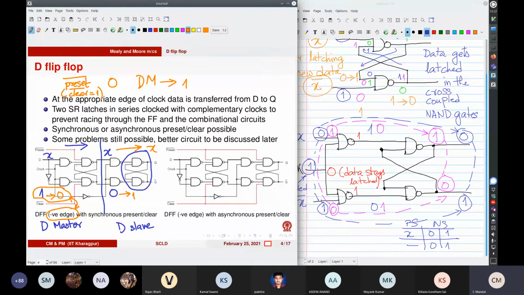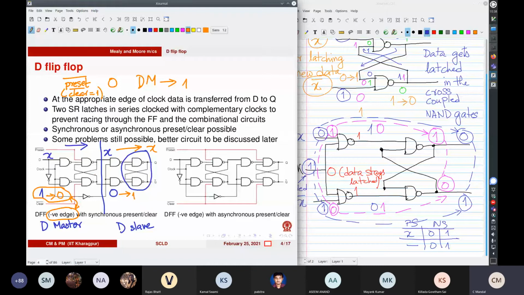And then what you see is that this is 0, so this is forced to 1.